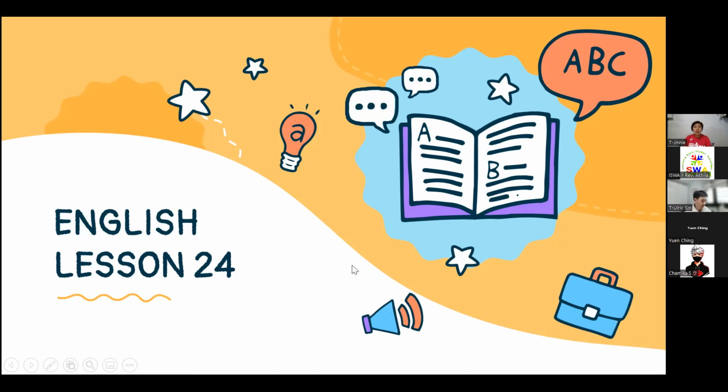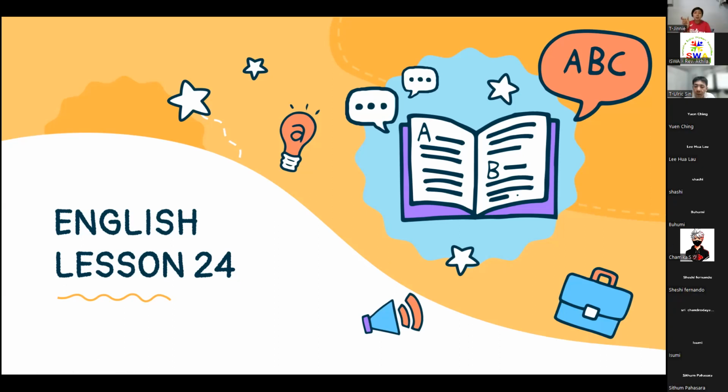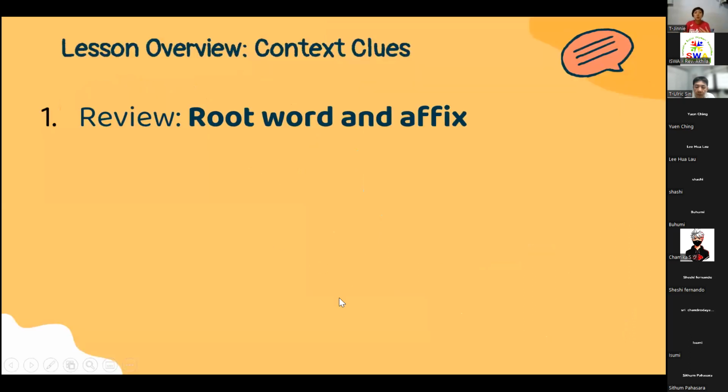So I'll just recap the two context clues. We've already done the definition, meaning. Remember, that's when you find that they define the difficult words in the text. For affixes and root words, we look out for words that have a prefix, suffix, as well as the root word, and we understand the meaning. So today we are going to go into the third context clue.